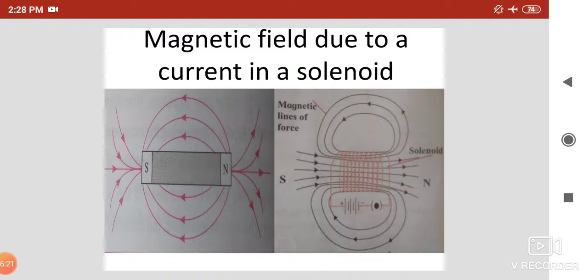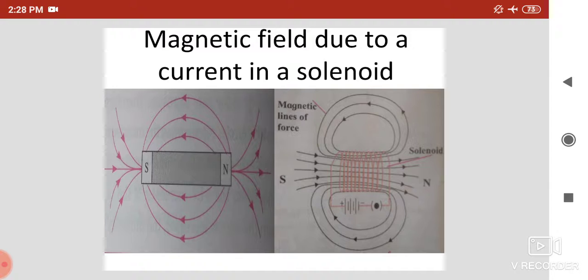Let us start with the new point, that is the magnetic field due to current in a solenoid. A solenoid means a copper wire with an insulating coating wound in a chain of loops like a spring. You can see in the figure the brown colored rings, that is the insulated wire.